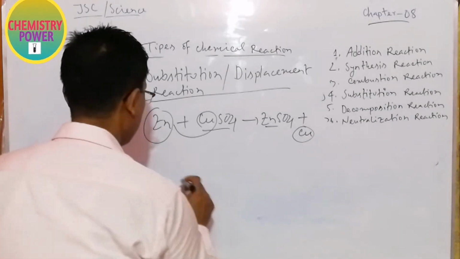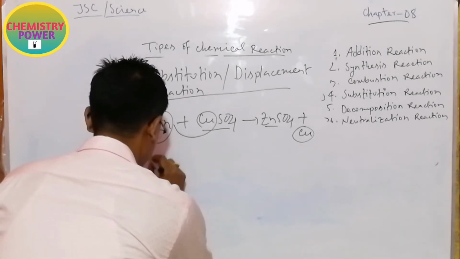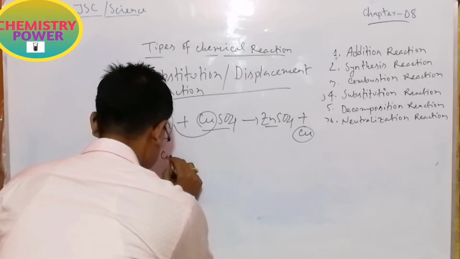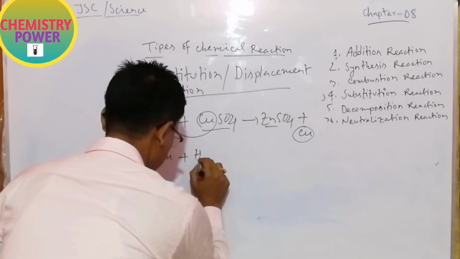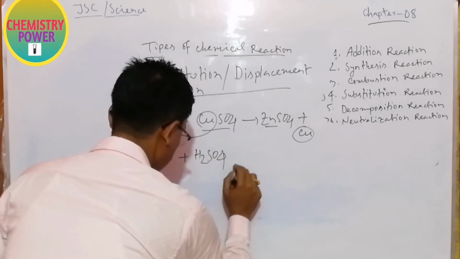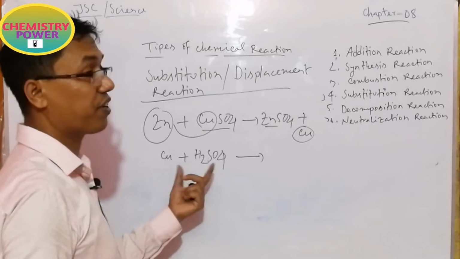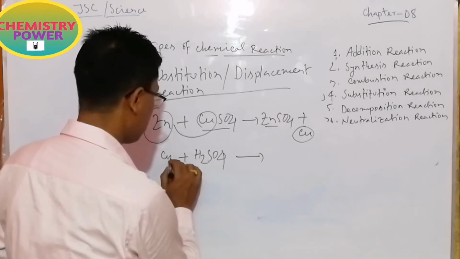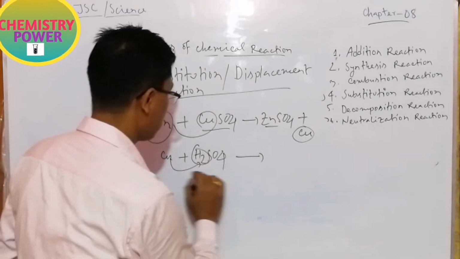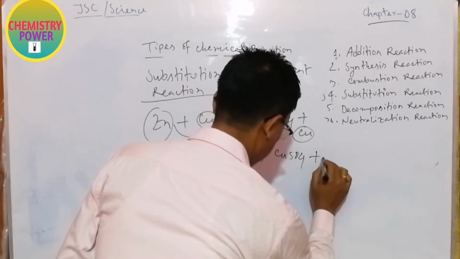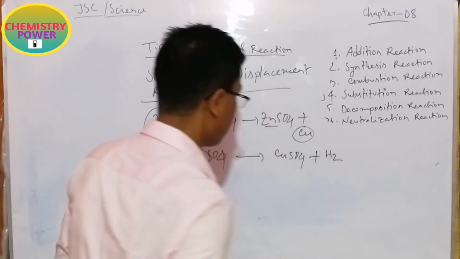Another example I will give you on this board. Copper plus sulfuric acid then produces copper sulfate and hydrogen gas.